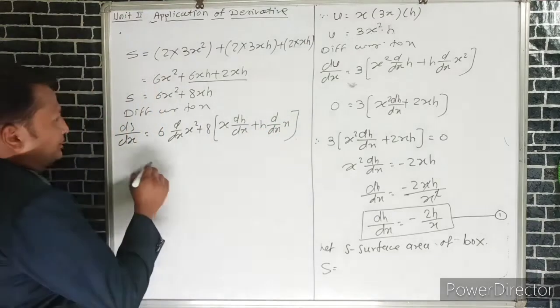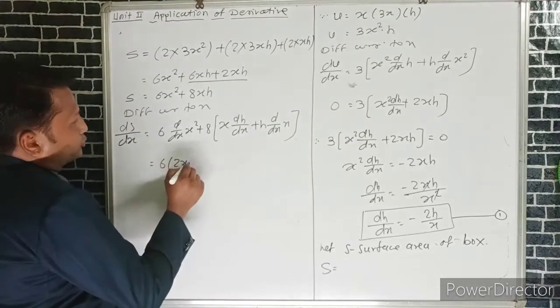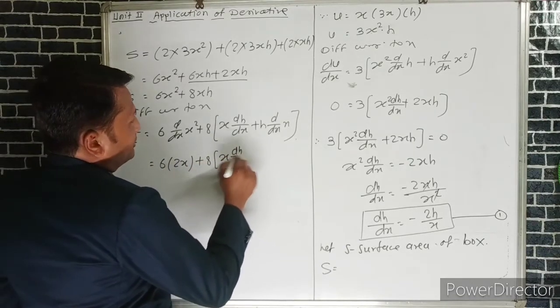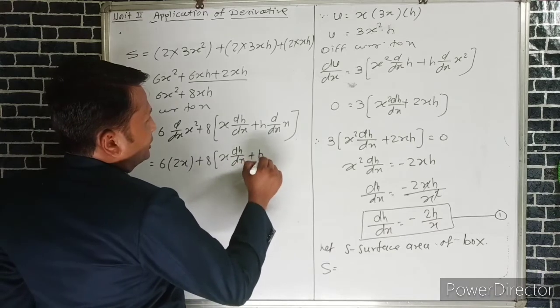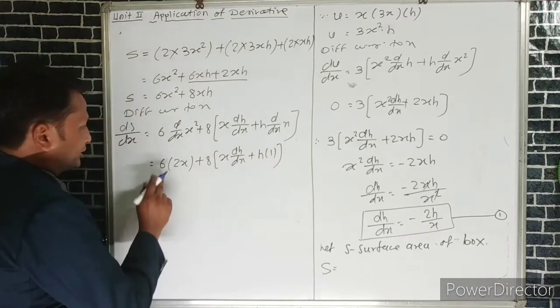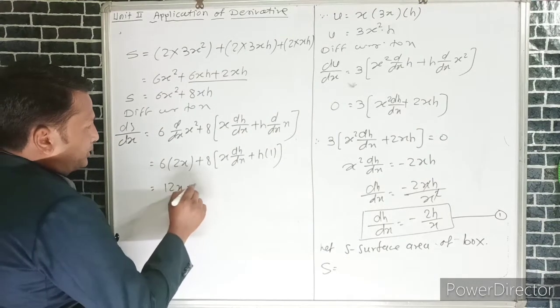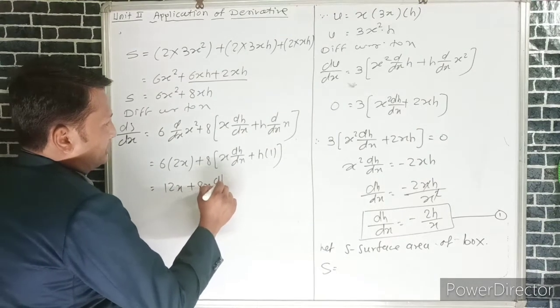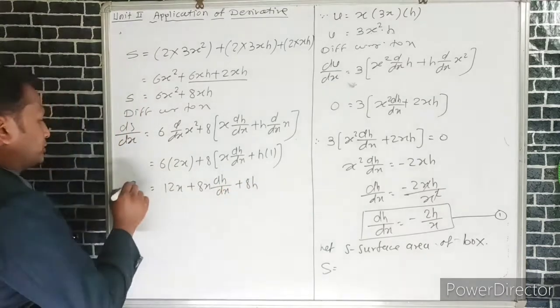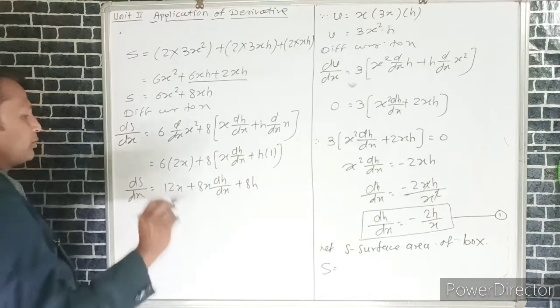So we can write 6 into 2x, that is 12x, plus 8x dh/dx plus 8h, which is the value of dS/dx.